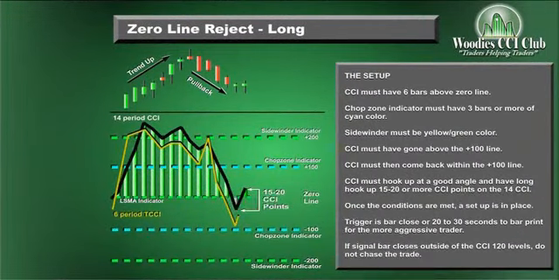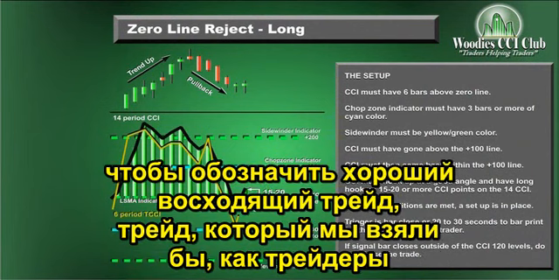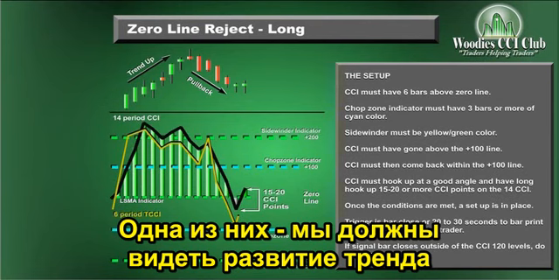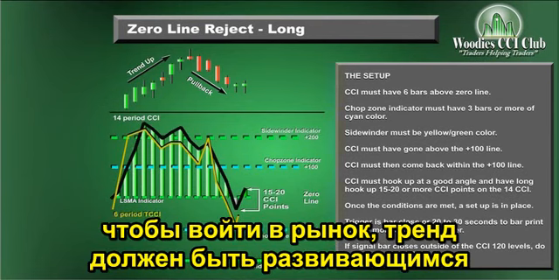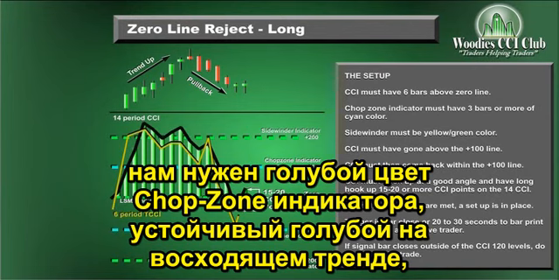Now in this graphic here, there are a number of things that we're going to have for a zero line reject to be a high probability trade, a trade that we would take as traders. One of the things is we have to have a trend develop. Can't have buying the dip if we don't have a trend developed. So what we got to have is our 6 bars above the zero line.